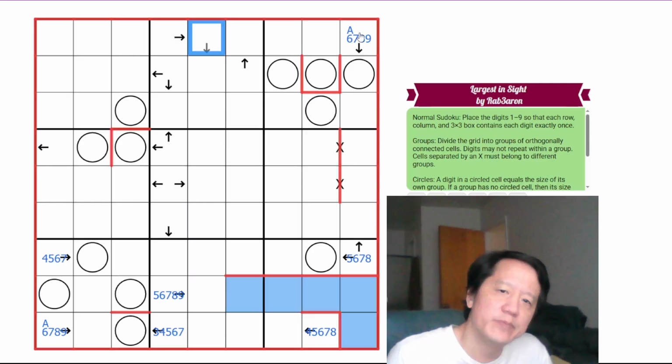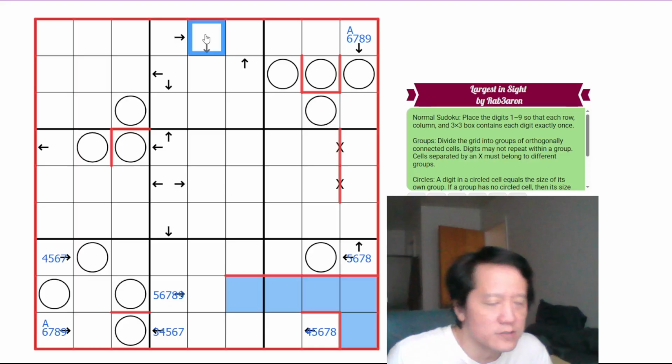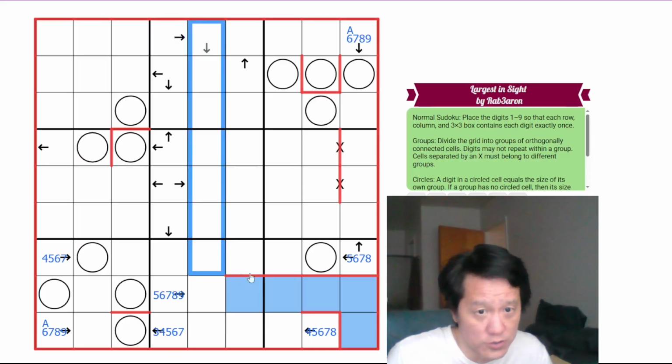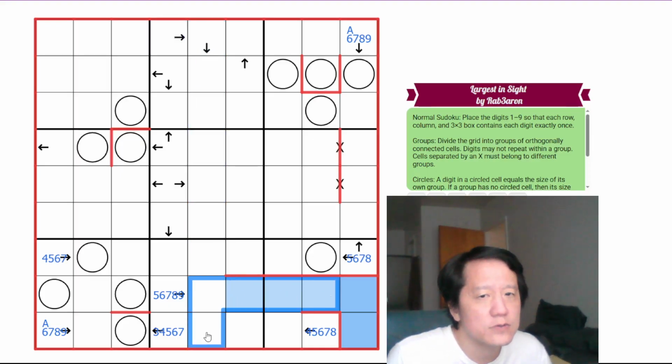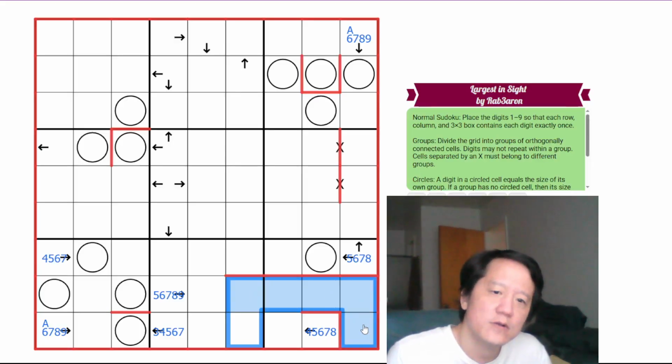These cannot be the same either. If this continues on to here, that means this must see something larger than this. So this must see something larger than this blue. So if this blue cuts off here, then they could be different ones.